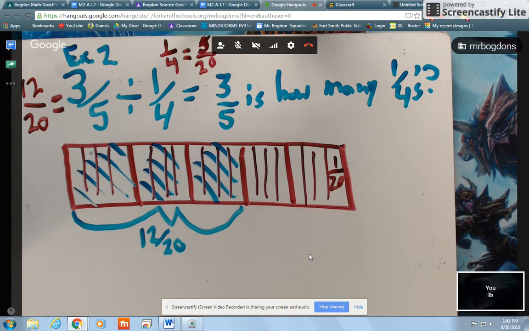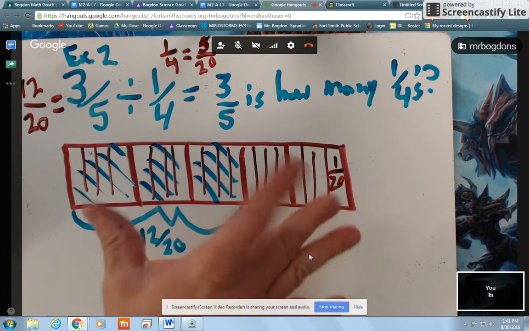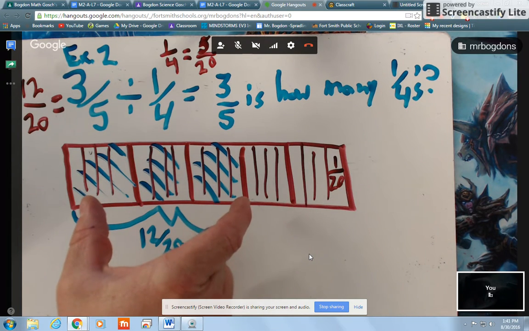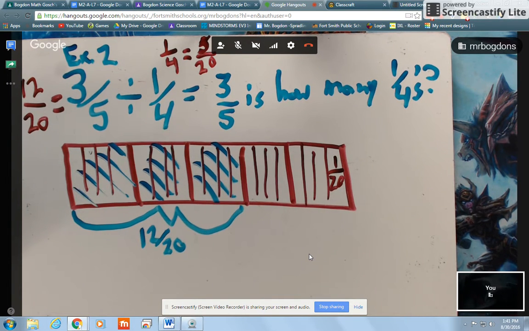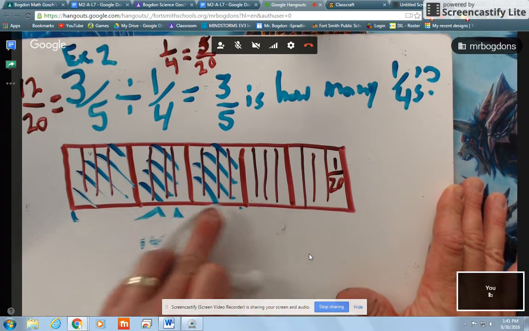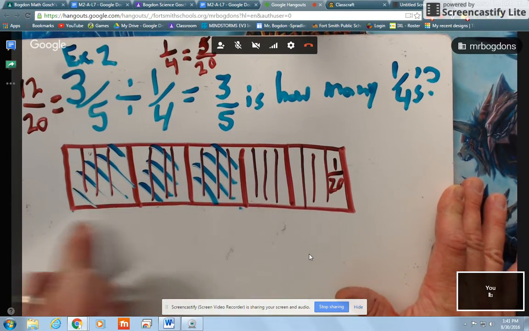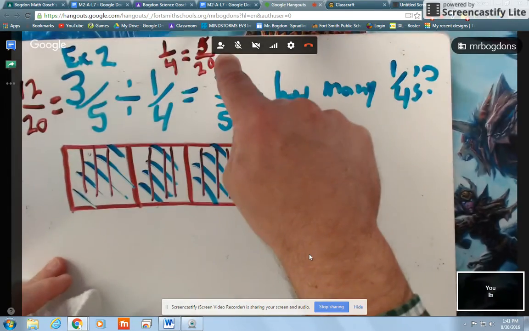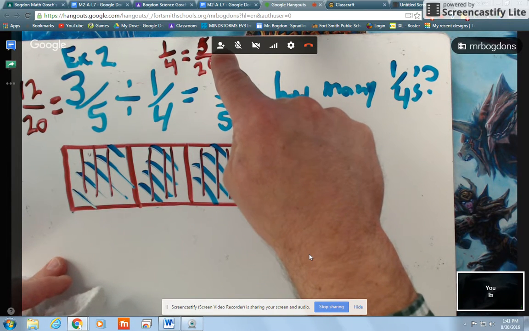But the question is, how many 1/4ths do I have in the 3/5? Well, how many 20ths do I need to make 1/4? 5. Why do you say 5? 1/4 is equal to 5 20ths.